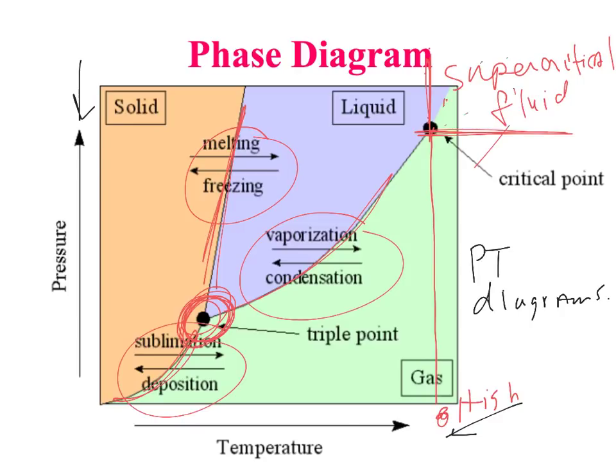It's in a special state where the particles are closer together than they would otherwise be in a gas, but further apart than they would otherwise be in a true liquid. Apparently, this phase has some interesting properties which chemists and engineers are just beginning to investigate. But anything past that point in the box becomes a supercritical fluid.